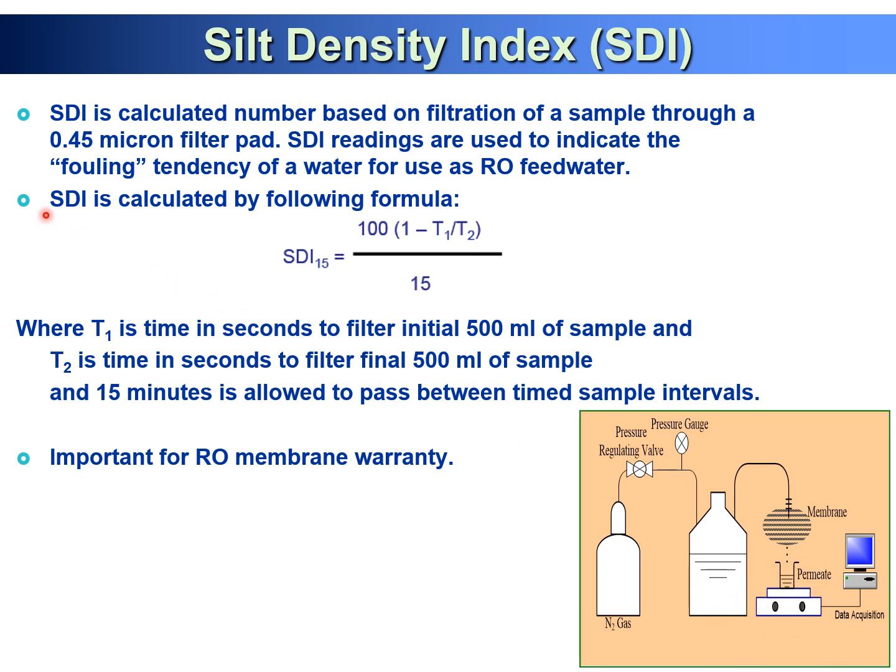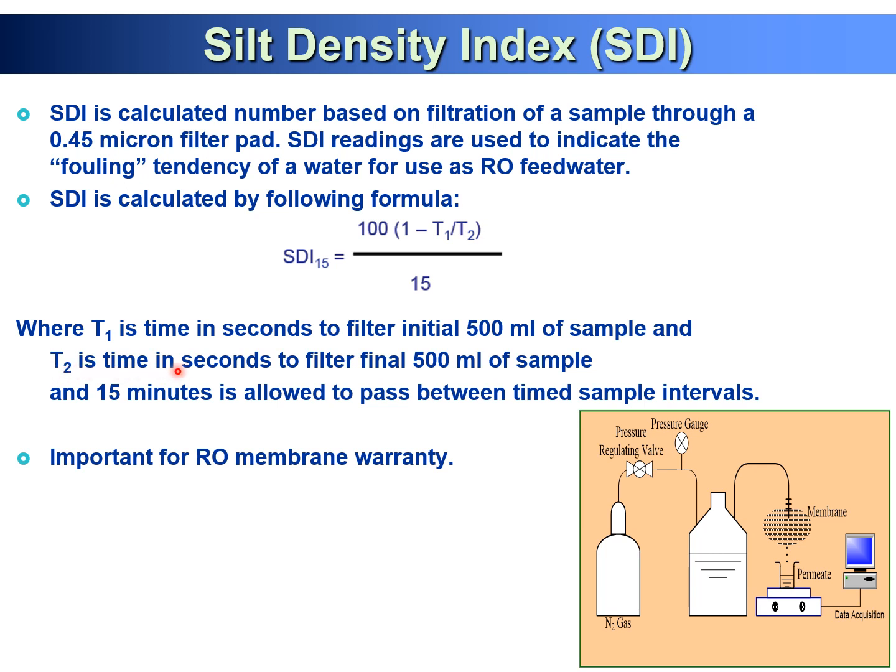So you can measure SDI following this formula. SDI 15 is equal to 100 times 1 minus T1 over T2, divided by 15. T1 is the time in seconds to filter the initial 500 milliliters of sample. So the seawater initially 500 milliliters is collected, and then we measure how many seconds.